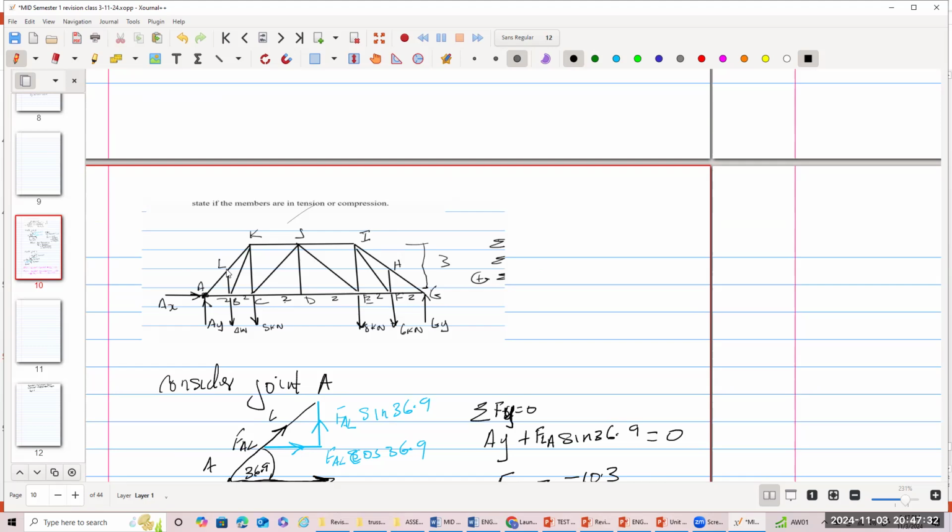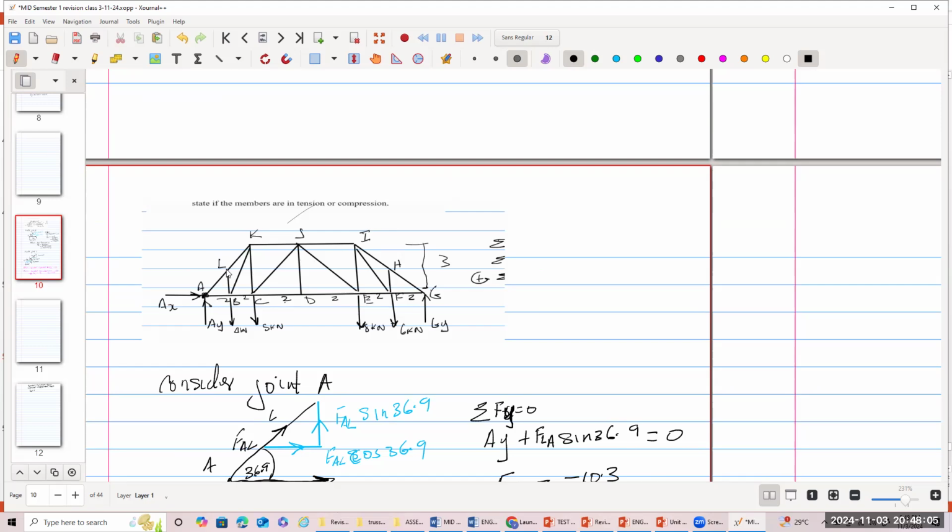But because there's no load at that point, the member LB is a 0 force member. And I can tell you by inspection, that one looks like FH, looks like a 0 force member too. So by inspection, we could identify a number as 0 force members. It looks to me that another 1 or 2 members might be 0 force members. You have to work them out and check them.